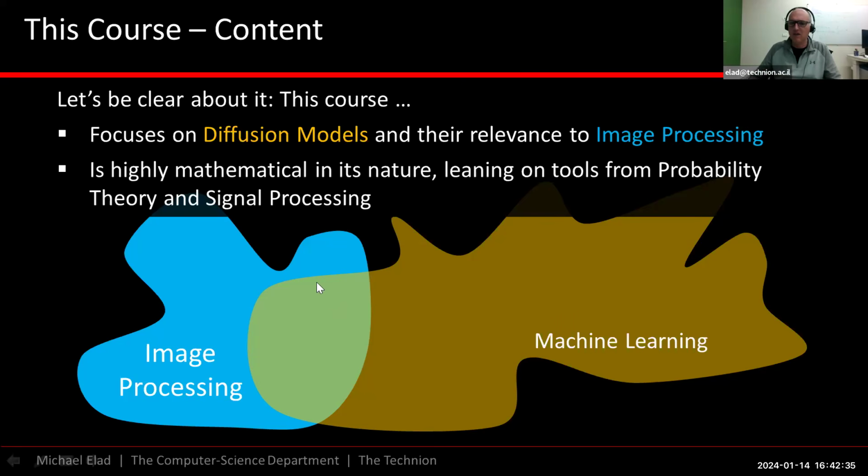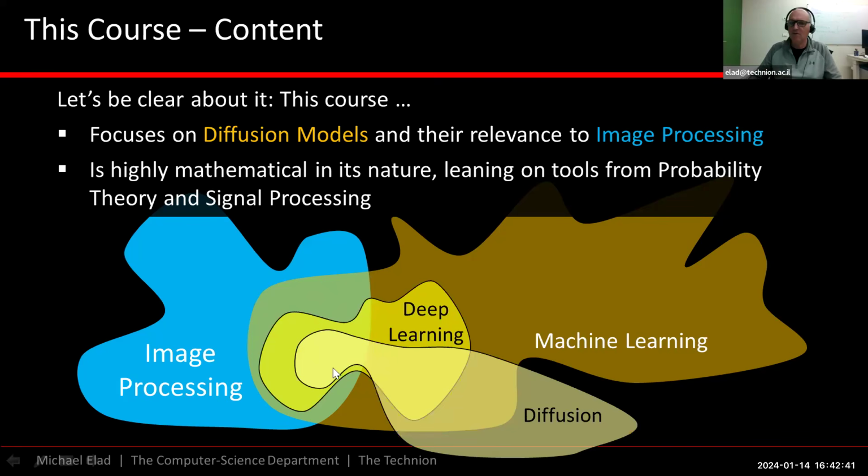Then in this intersection, much of the overlap is because of deep learning. Within this overlap, diffusion is taking a growing role. And as you can see, diffusion is not just happening in image processing and machine learning, it's happening elsewhere.